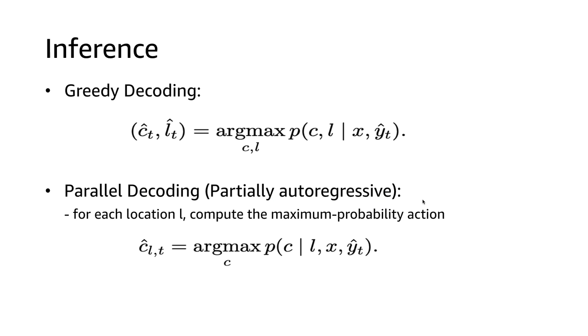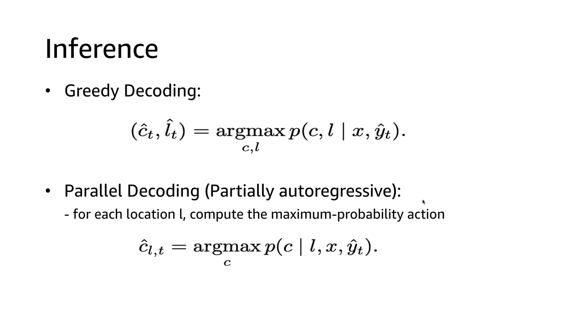So you're fixing a location, which is a slot, and for each of the slots, you predict a word. And once you have predictions for every slot, you're going to populate them with the new predictions if and only if the slot is not an end of sentence token. If it is, then you just leave it, as in you don't populate that slot, and then you generate the output hypothesis, which is used as an input to the next time step.